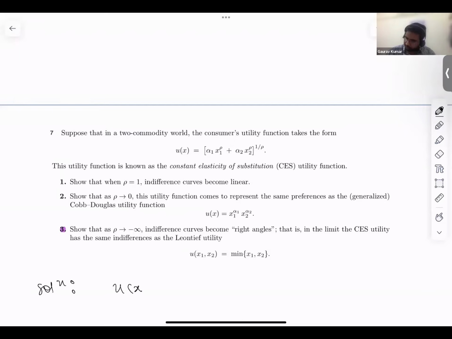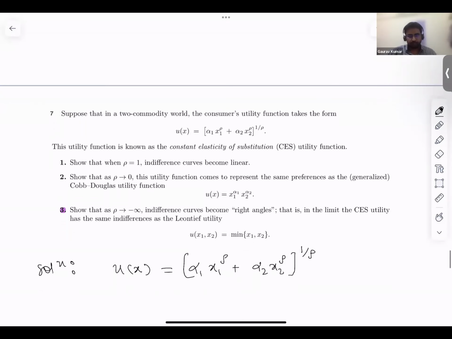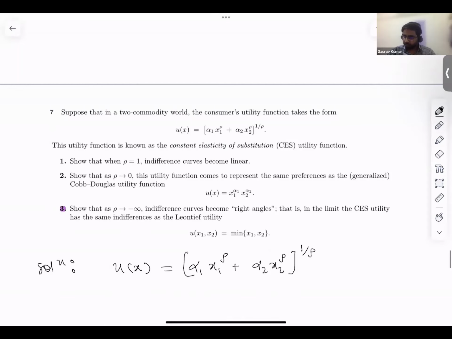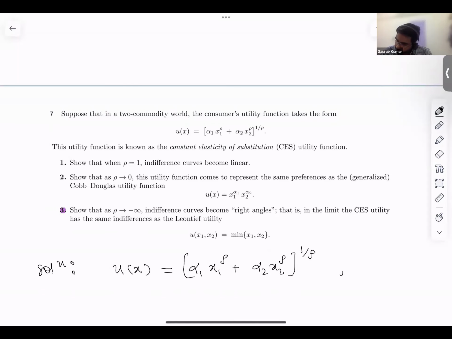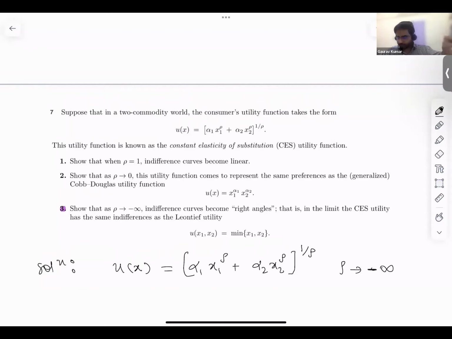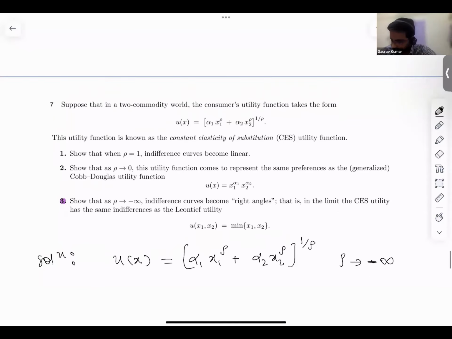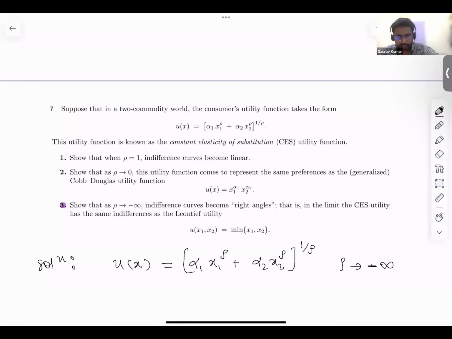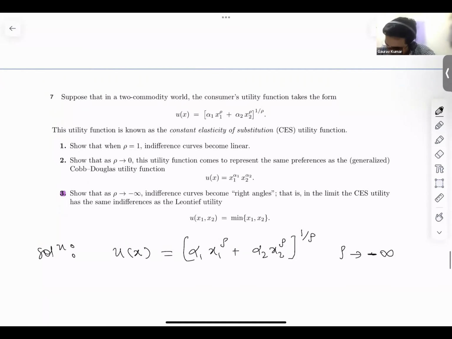So u of x that has been given to us is x1. This is the functional form for the utility function that has been given to us. And now we are told that rho is tending to minus infinity. One second, I'll use some properties here and I'll show you what those properties are.